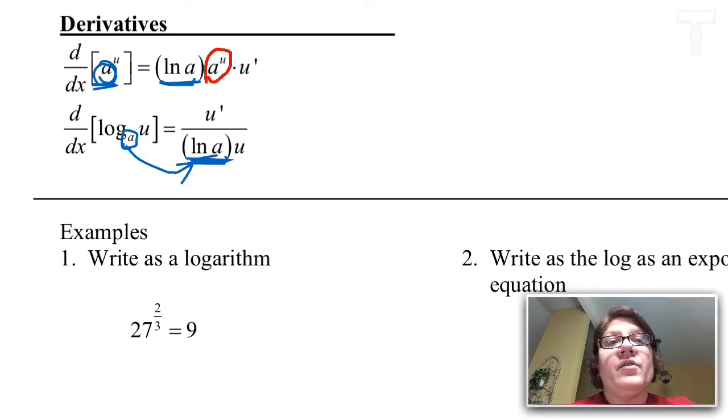Here's the original stuff, and here's the original stuff that I'm actually taking log of, right? So original stuff and original stuff. And then for both of them, I'm multiplying by the derivative of either, in this case, the exponent or the derivative of the stuff.